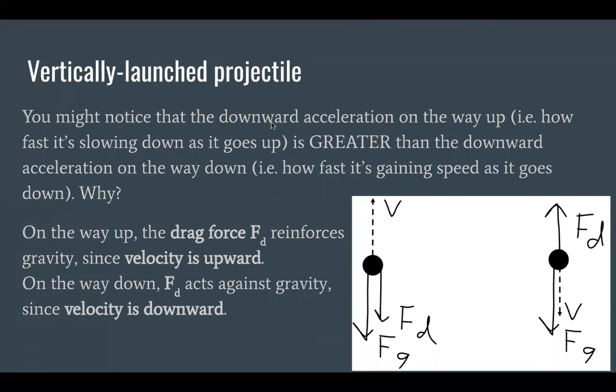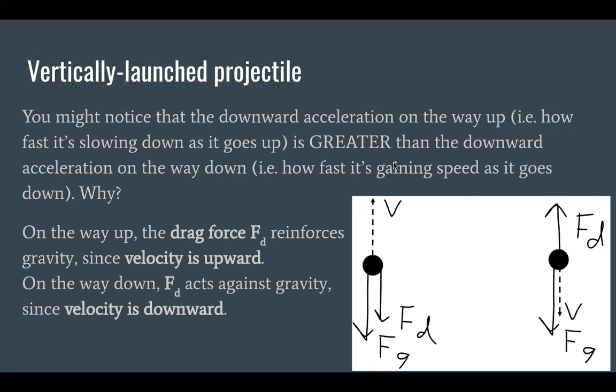Yeah, so Quan pretty much got it. What essentially is happening is on the way up, gravity and drag are both pointed downwards. So it slows down really fast as it's going up, but on the way down, drag is actually pointing upward. So it's opposing gravity, which means that it works against gravity.